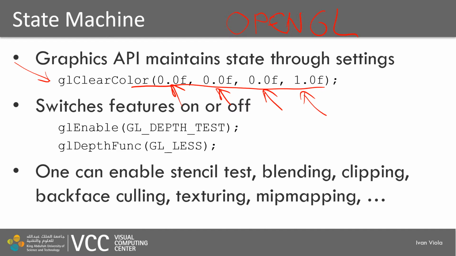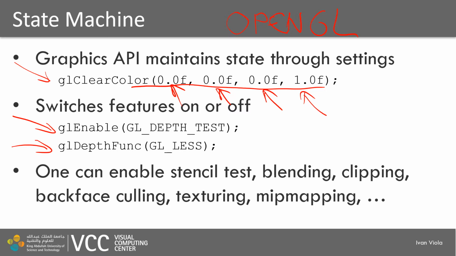Another example of a graphics API being a state machine is here. We can, for example, set that we want to perform the depth test, which is the Z buffering. And here we can even define the depth function. So when should we discard a fragment as compared to what is stored in the depth buffer? Should it be in front or behind the currently stored value?